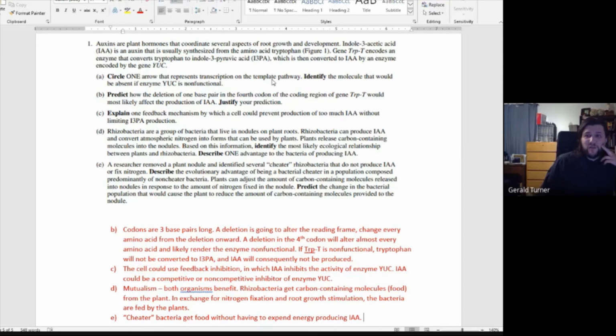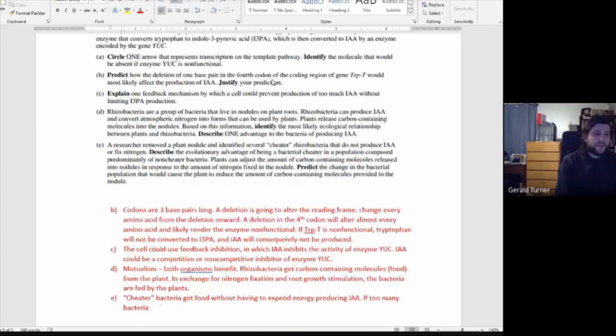So basically, for this one, if too many bacteria stop producing IAA or fixing nitrogen, the plants would either stop or reduce the amount of carbon-containing molecules they send.